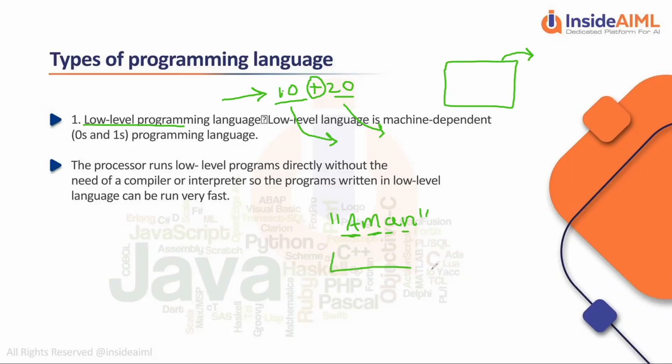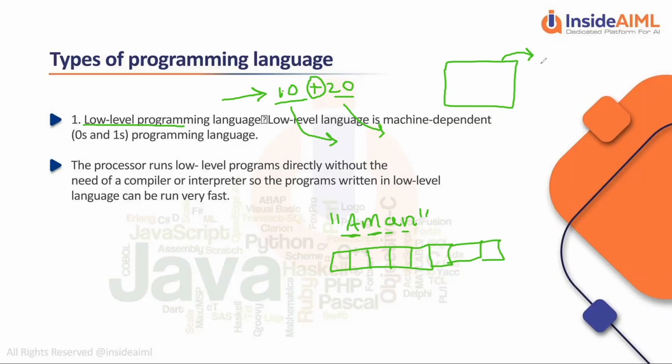So based on my system configuration, I will have 8 bits to store the binary equivalent of A, right? So 1, 2, 3, 4, 5, 6, 7, and you have 8-bit, right? 1, 2, 3, 4, 5, 6, 7, 8.